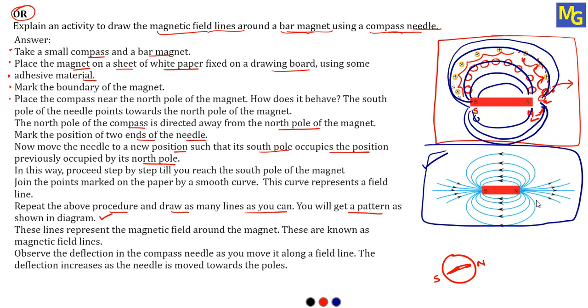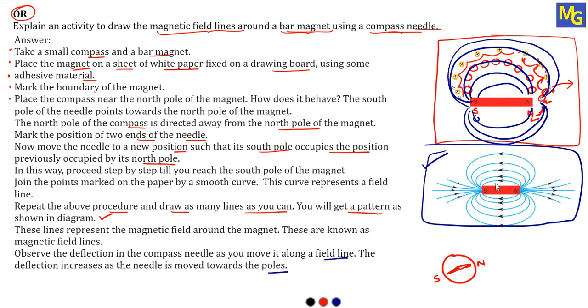These lines are called magnetic field lines, which are formed beside this bar magnet. Observe the deflection in the compass needle as you move it along the field line. The deflection increases as the needle moves towards the pole.